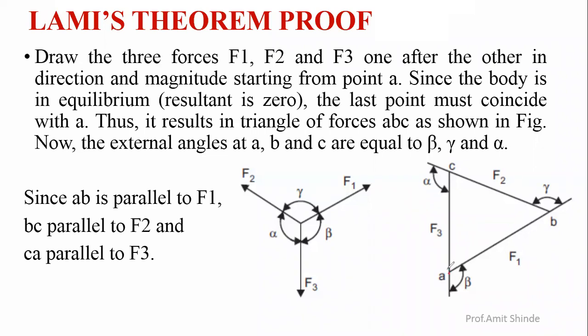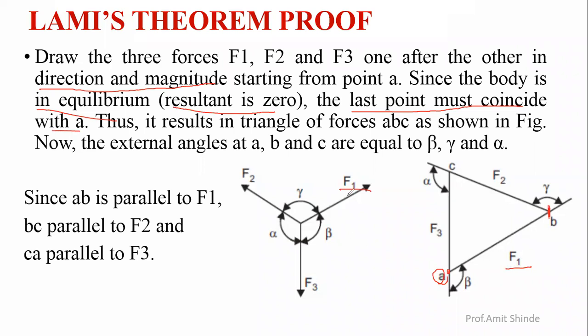From point A, we start with force F1, which makes an angle beta and has the same magnitude and direction, and draw F1 up to point B. Since the body is in equilibrium, the resultant is 0. The last point must coincide with point A.